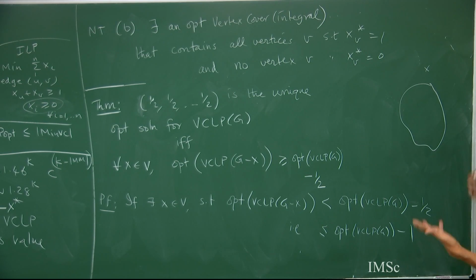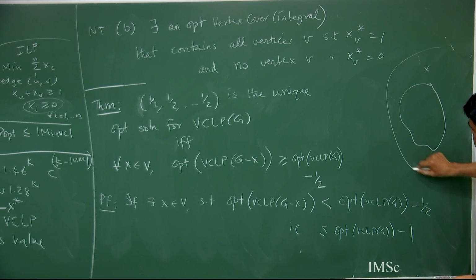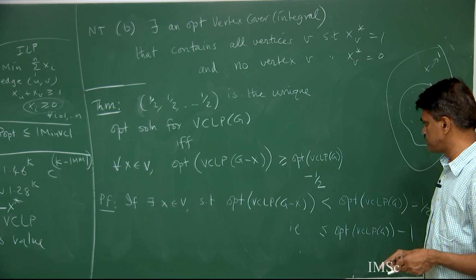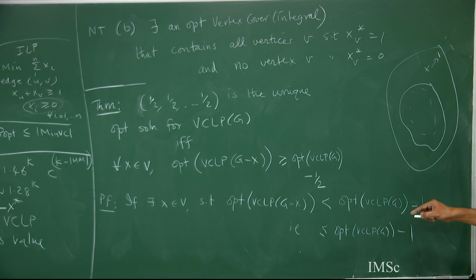Now, I will produce a solution for the original LP which works like this. I am going to set x to 1 and set the other vertices to whatever the LP value of G minus x is. I claim that this will satisfy all the constraints of the original graph. Why? Because since I put x as 1, it will cover all these edges, and the edges within G minus x were anyway satisfied by the G minus x constraints.